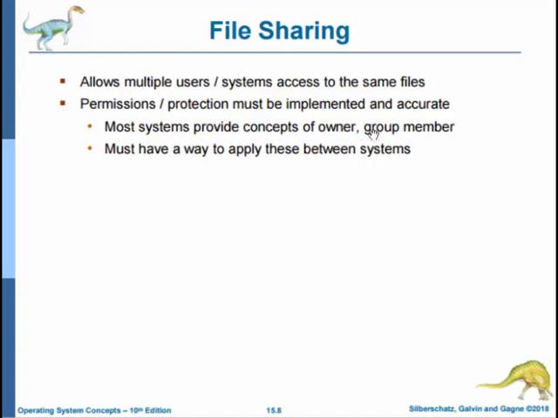The group attribute defines a subset of users who can share access to the file. For example, the owner of a file on a Unix system can issue all operations on a file, while members of the file's group can execute one subset of those operations, and all other users can execute another subset of operations. The owner and group member have what we call identifications for a given file or directory, and they are stored with the other file attributes.